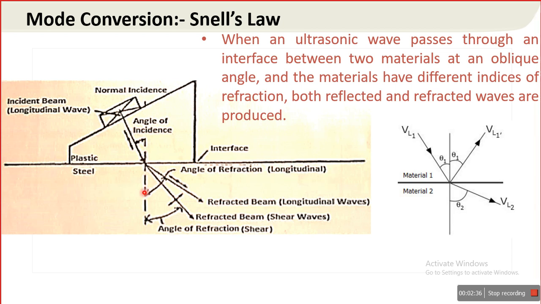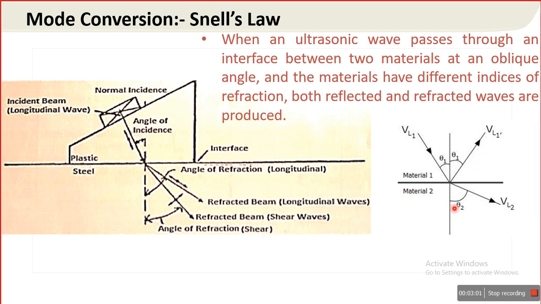So the first conversion is that the longitudinal wave gives us a refracted longitudinal wave, and the second mode of conversion gives us a shear wave at a different angle. So this is the angle of refraction for the longitudinal wave, and this is the angle of refraction for the shear wave.